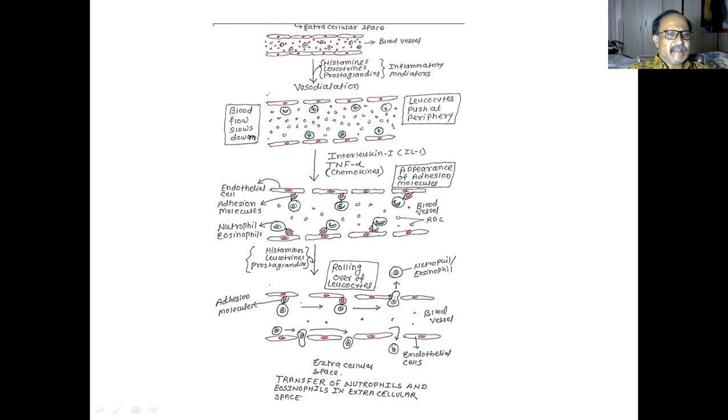These green ones are the leukocytes. Adhesion molecules, like receptors, appear on the leukocytes, and these receptors also appear on the endothelial cell. Then the adhesion molecule of the endothelial cell and the adhesion molecule of the leukocyte become attached, and in this way the leukocytes are firmly attached to the endothelial cells.